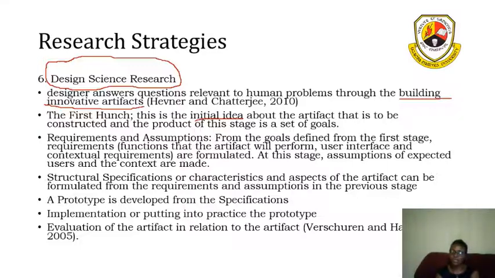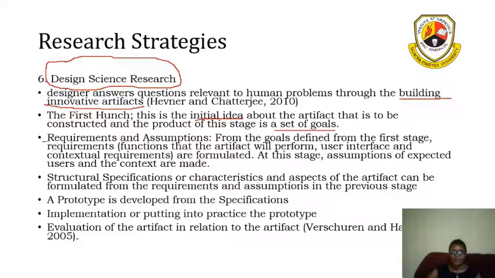Another will say, I want to build a cybersecurity solution, perhaps for end users, or for the back end. Whatever it is, you're building an artifact, a solution. So you have an initial idea and you have your set goals. Doesn't this sound like our concept paper or first proposal? I think so.